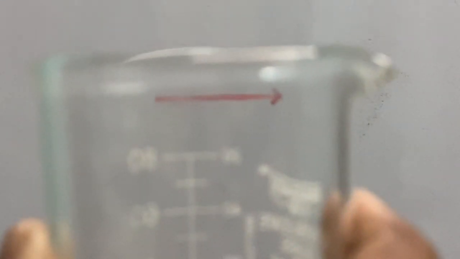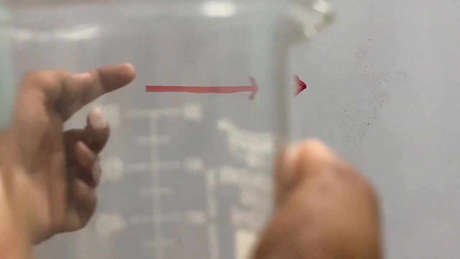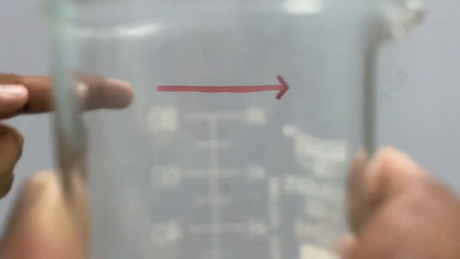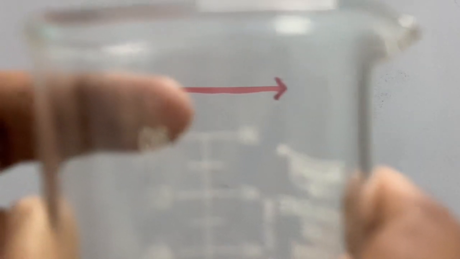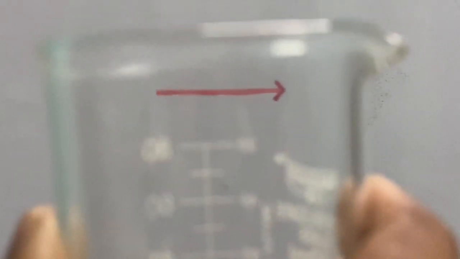Then it again undergoes refraction on the opposite curved surface of the beaker and comes out.